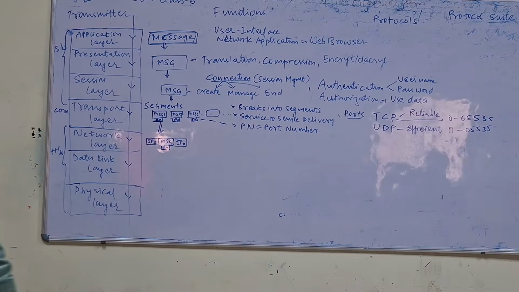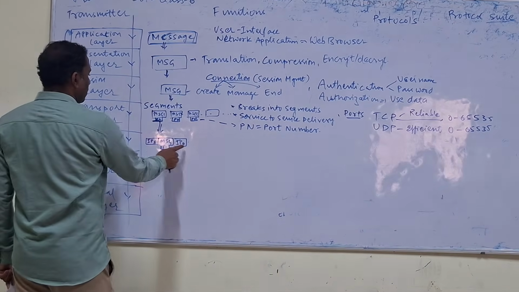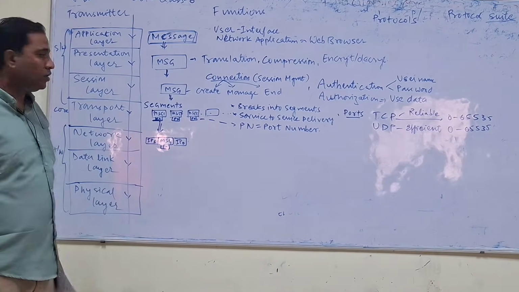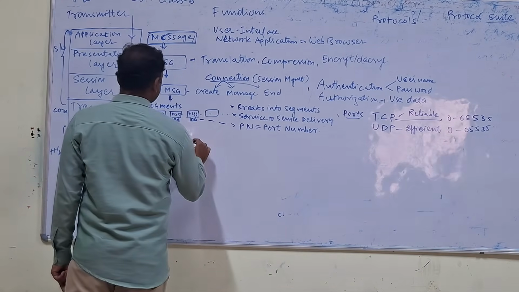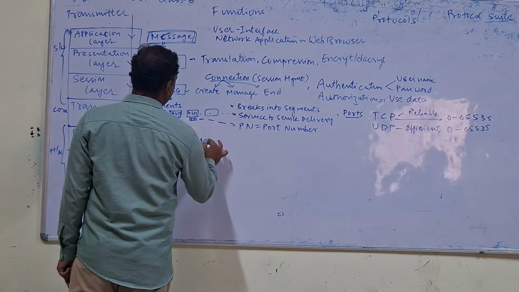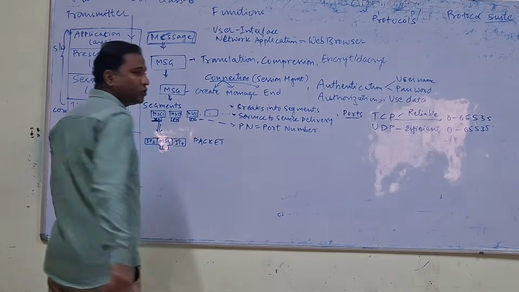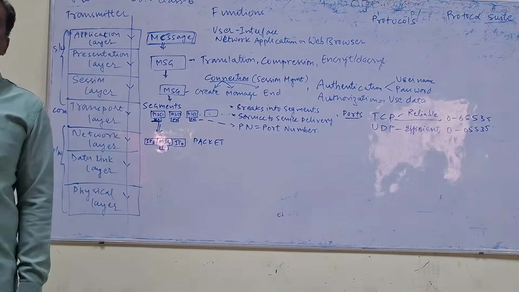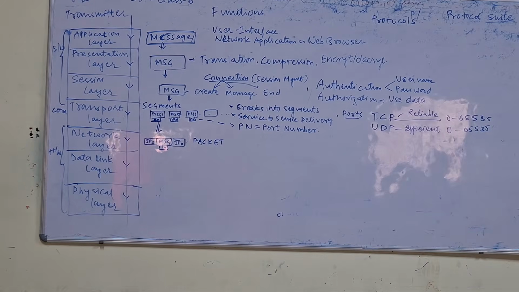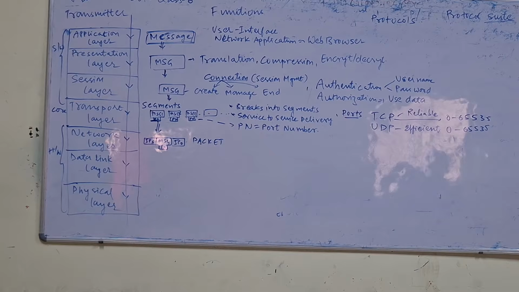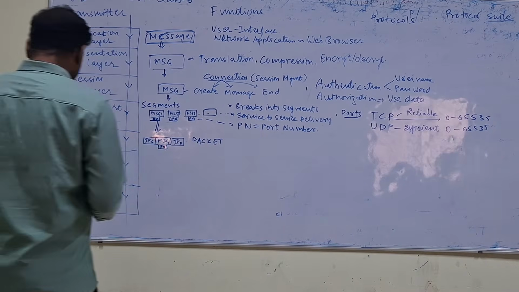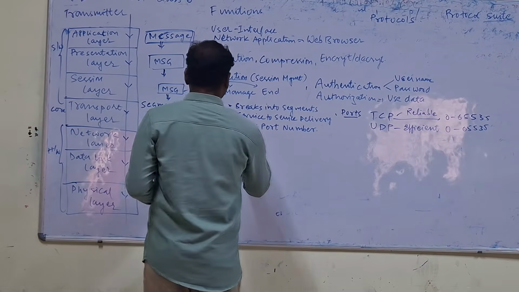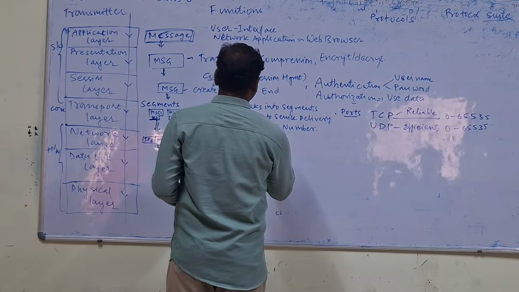So once the IP address of source and the IP address of destination are added, I will call it a packet. We should remember this terminology: at which layer your message is called what. After adding the source IP address and destination IP address, we are going to call it a packet.